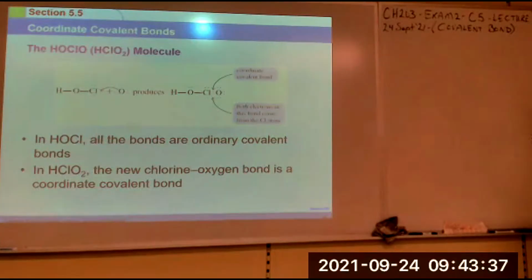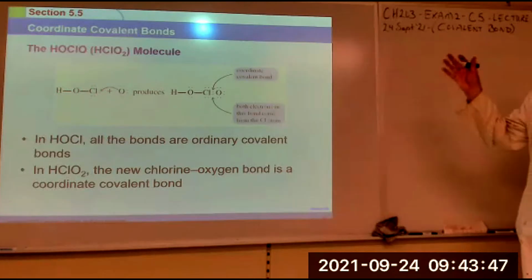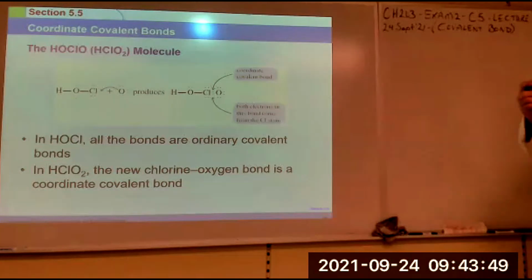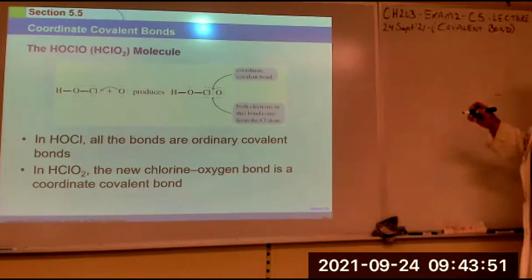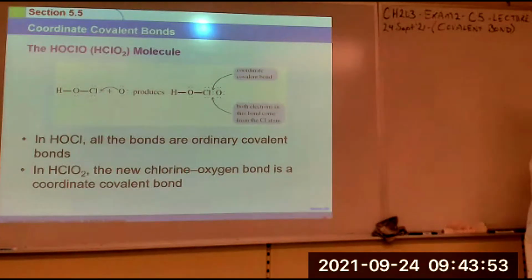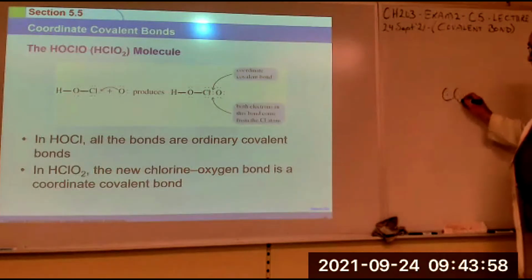Example, HOCl, right? Notice that hydrogen has its duet, oxygen's got an octet, chlorine's got an octet. So HOCl is perfectly happy, just like it is. What would that be? Remember the polyatomics that we had like this?